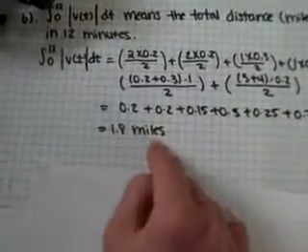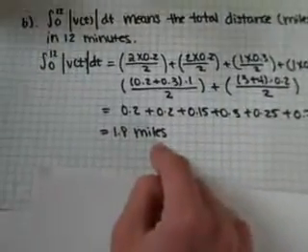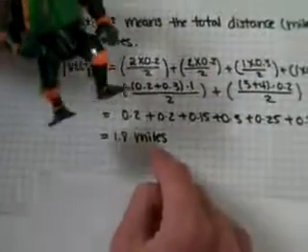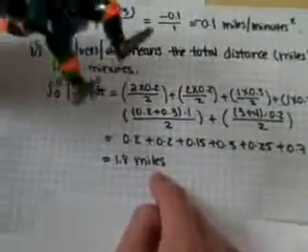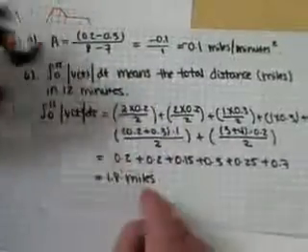We got 1.8 miles. So the total distance that Karen traveled was 1.8 miles. She did that in 12 minutes. That's amazing.